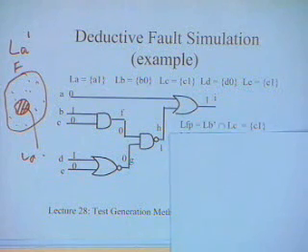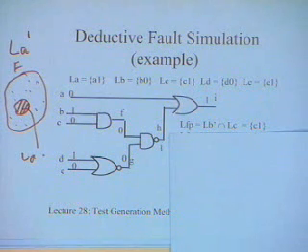So at each node I talk of two sets. One is the faults that can be detected, but out of the faults that can be detected at that particular node, there are some faults which are propagated from the inputs and some faults which are generated at that node.